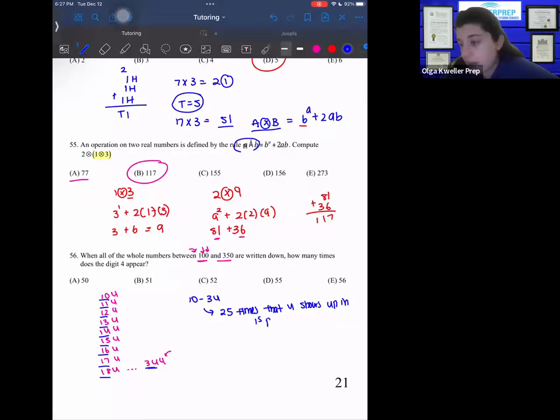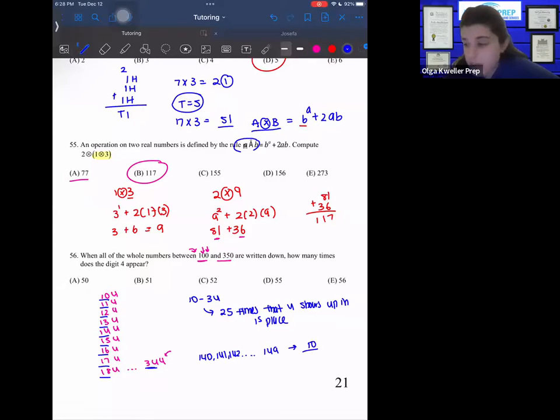But now we have to take care of the tens place. We can start with 140, then 141, 142, all the way up to 149. How many numbers between 140 and 149? Yes, 10.